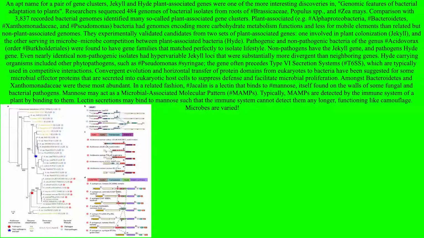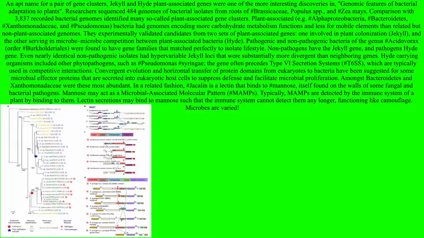They experimentally validated candidates from two sets of plant-associated genes, one involved in plant colonization, Jekyll, and the other serving microbe-to-microbe competition between plant-associated bacteria, Hyde. Pathogenic and non-pathogenic bacteria of the genus Acidovorax, order Burkholderiales, were found to have gene families that matched perfectly to isolate lifestyle.